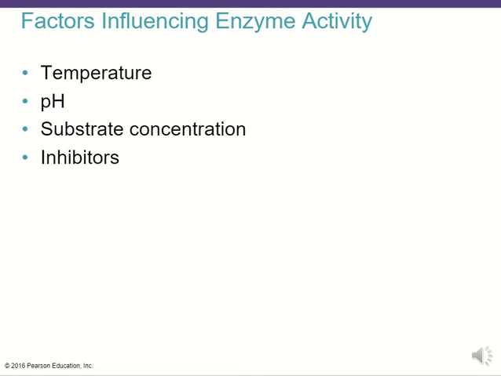There are things that help or could hinder enzyme activity, which is temperature, pH, the concentration of substrate, as well as competitive inhibitors. These all affect how well or how poorly an enzyme does its job.